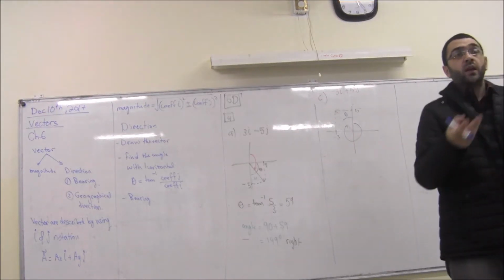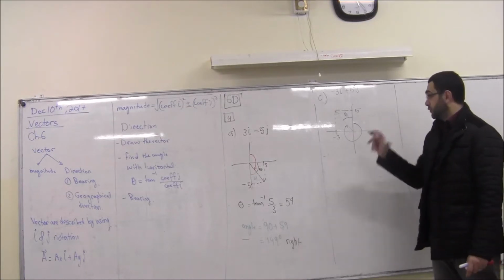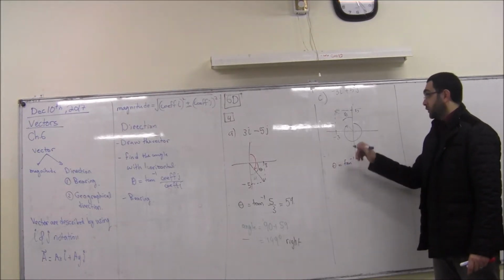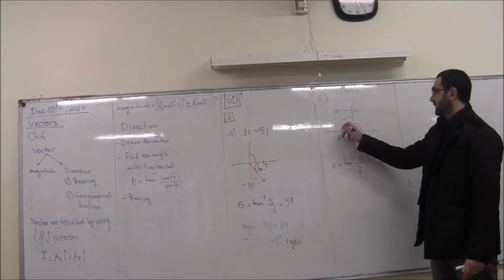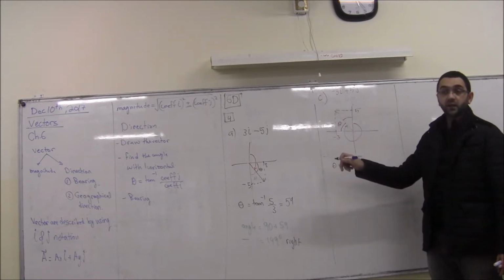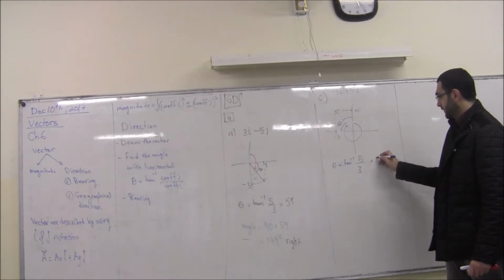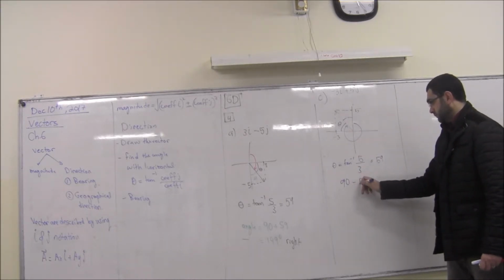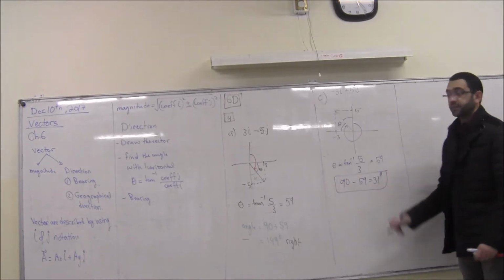You have two choices: either find opposite over adjacent, but I prefer to find theta as tan inverse of coefficient of j, 5, over 3, which is 59. This is not the desired theta; this is the theta that I found, 59. Then 90 minus 59 is 31. This is the desired angle that we are asking for.